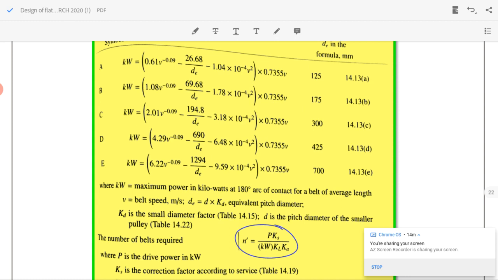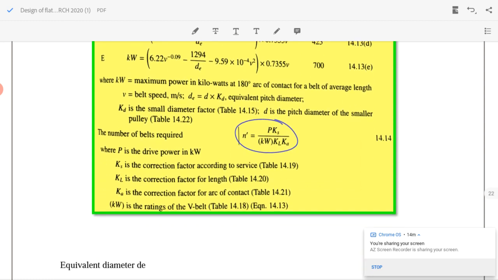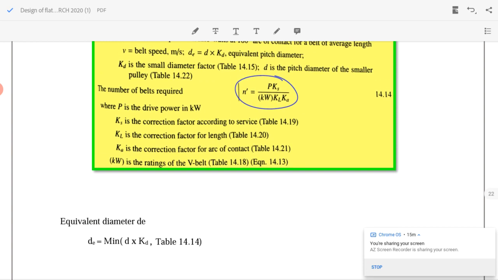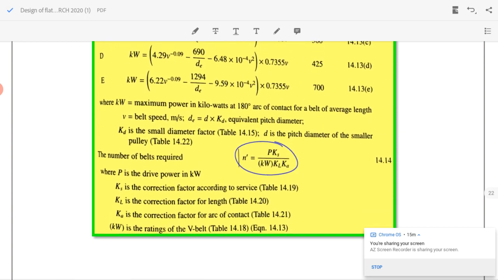We will see how it will look. So N dash equal to P into Ks. Power is known in this equation, power equal to 10 kilowatts. We have already found the value of service factor Ks equal to 1.4. So this completes our numerator. Now we will find the denominator, Kw.